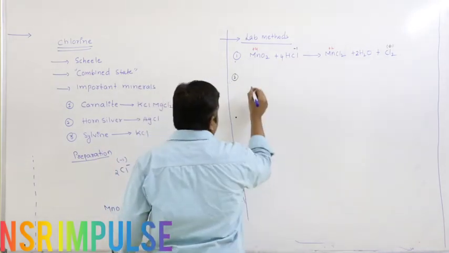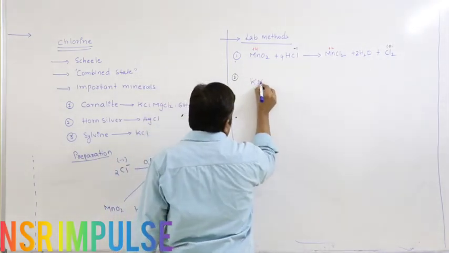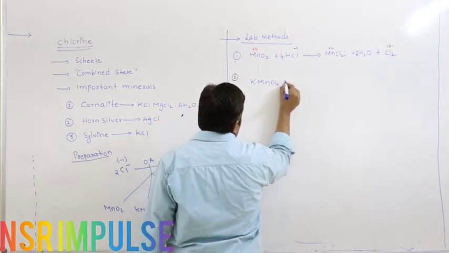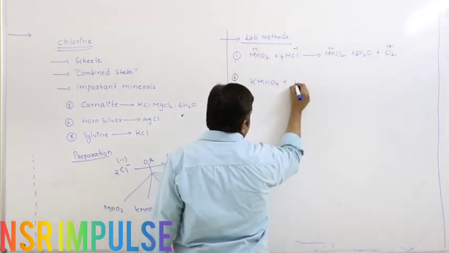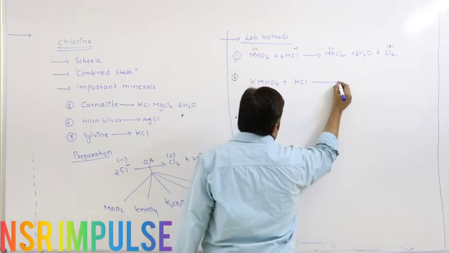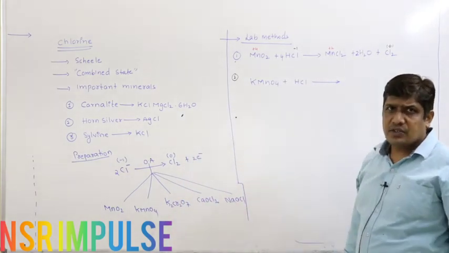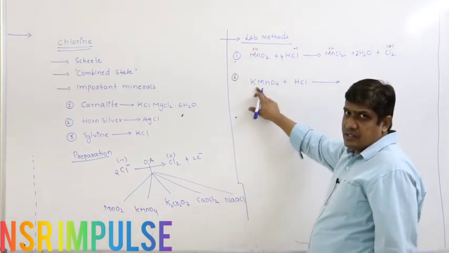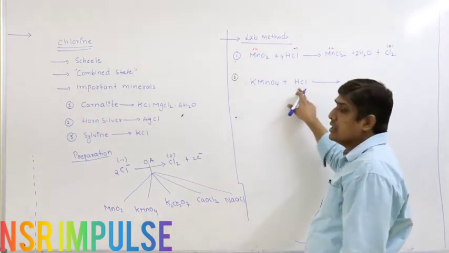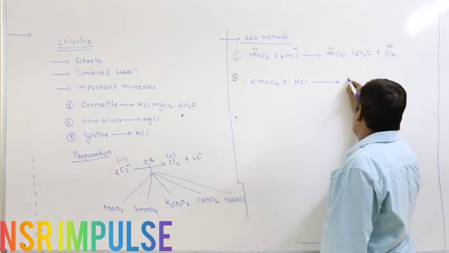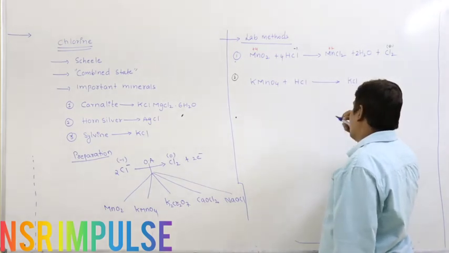So let us write the reaction. KMnO4 reacts with an acid like HCl. Potassium cannot be oxidized, it will always be present in +1, so we call it a spectator ion. It combines with the opposite anion provided by the other reagent, the chloride ion. So what we get is KCl.